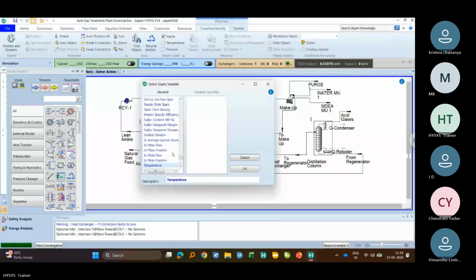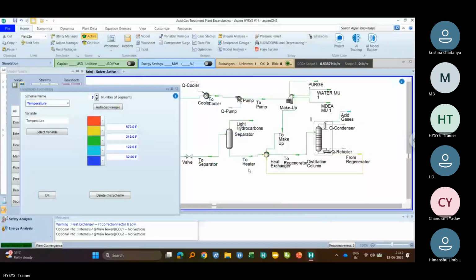Value of 128 Fahrenheit. Let's start it from the top. Then the next value is 157 Fahrenheit, then 185 Fahrenheit, and the last value is 213.